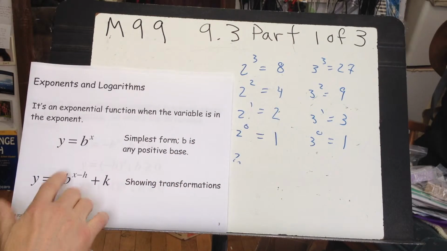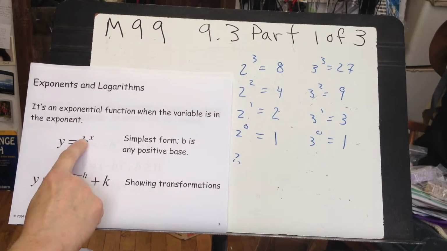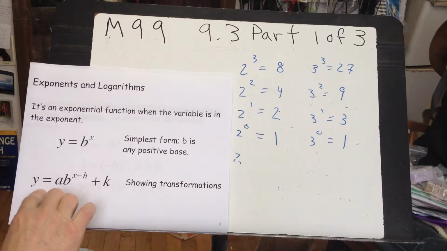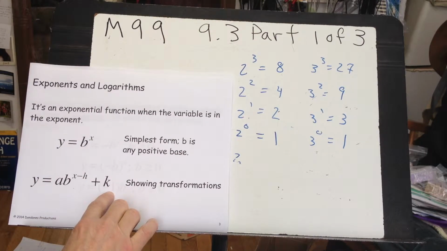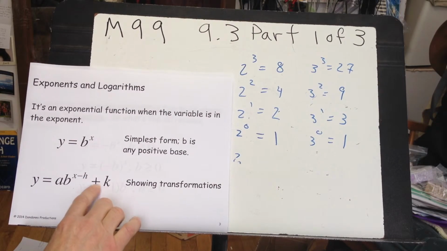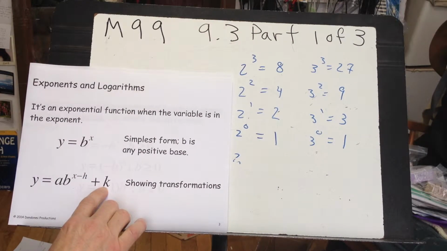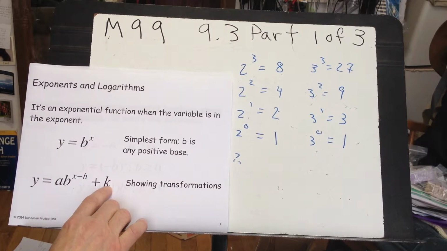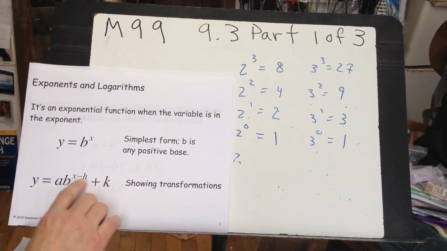Back up a second. Our bases could be between 0 and 1, and it could be greater than 1. So here is the form of the equation that shows the transformations. Again, the last thing that happens to x is the up-down shift. So after we establish what an exponential function looks like, adding something to the end of the equation is going to shift that function upwards.